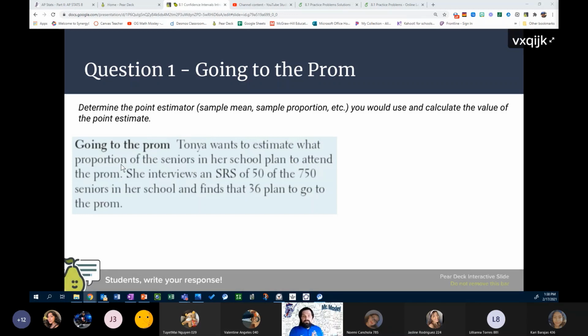And in this sample, what proportion of those that she interviewed said that they're going to prom? We have 36 out of 50. So the point estimator is the sample proportion, which we can notate with p hat. And the value is 36 out of 50, or 0.72.